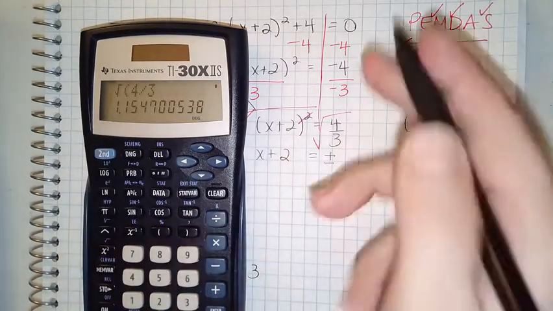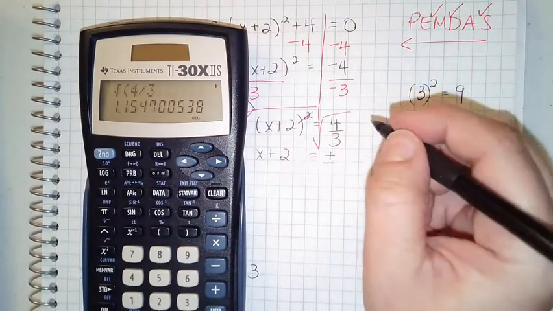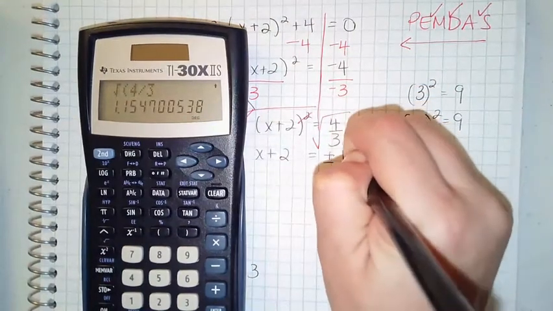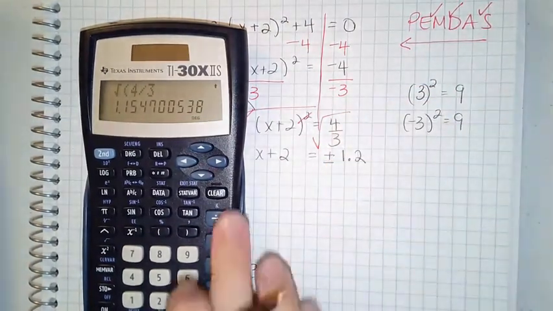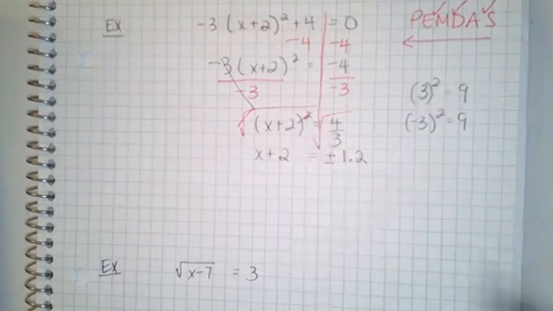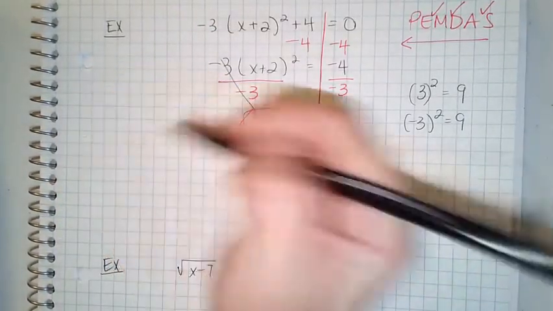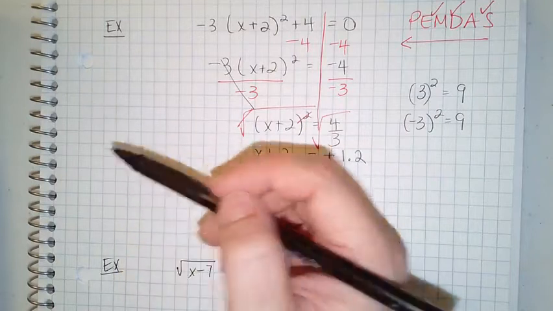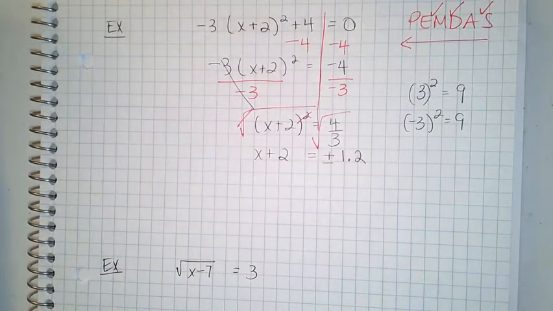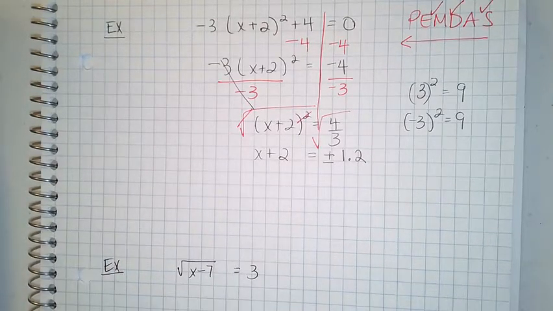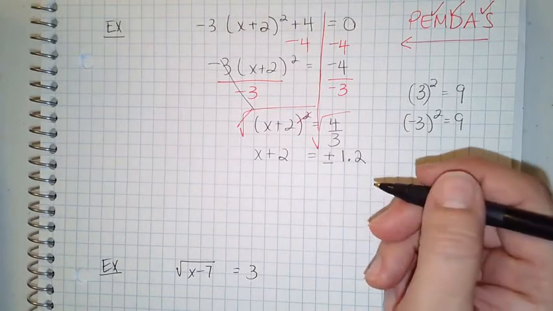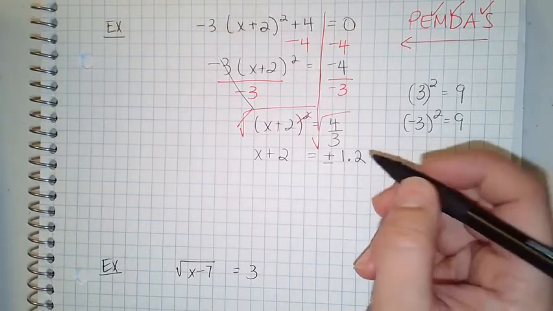And so we get, I'm going to round to the nearest, let's say 10th, why not? 1.2. Okay. Now, another reason for the plus or minus is remember that a parabola is going to cross the x-axis, or generally will cross it 2 times. And so we have to think about both of the sides that it could be on. And of course, there's exceptions to every rule, right?